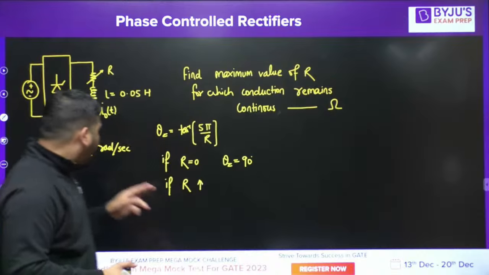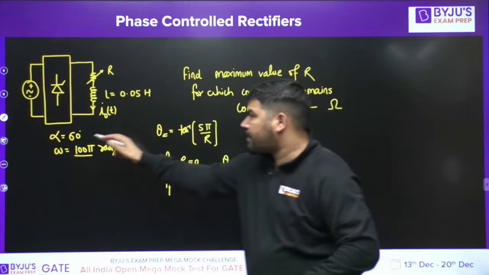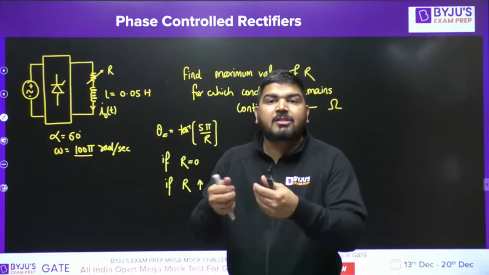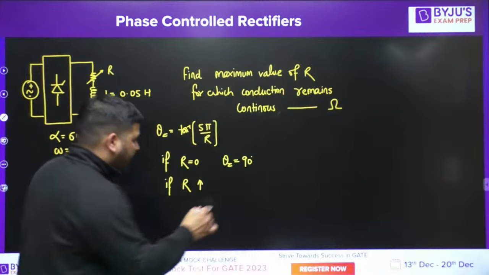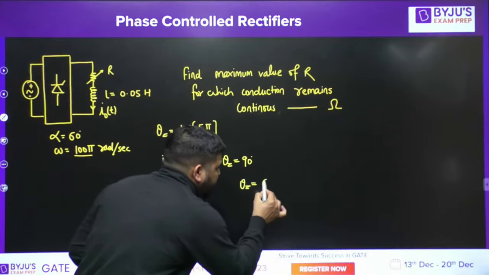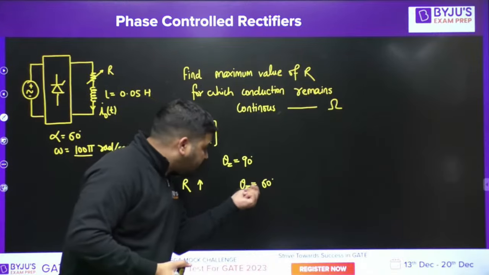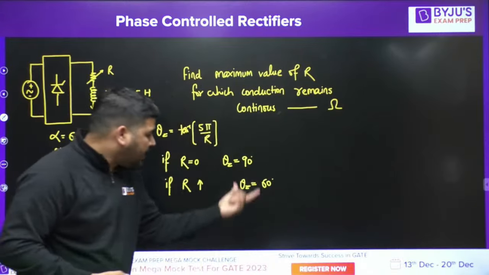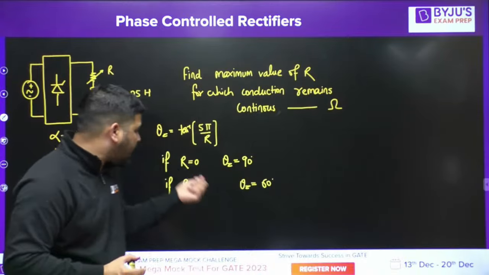I want that at alpha equal to 60 degree, the conduction becomes just continuous. So it means I want theta Z equal to 60 degree. If theta Z is 60 degree, then this is the boundary. If you further increase the value of R, theta Z will become less than 60 degree, and at alpha equal to 60 degree, conduction will become discontinuous.